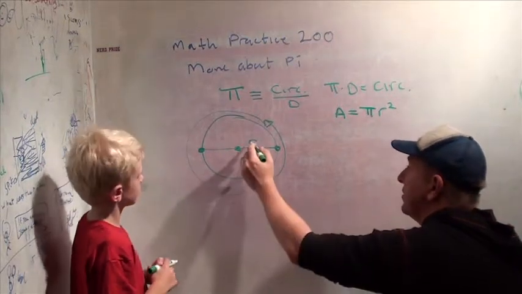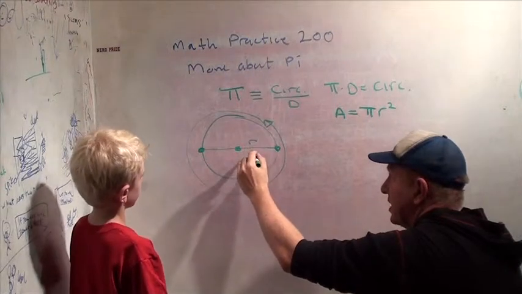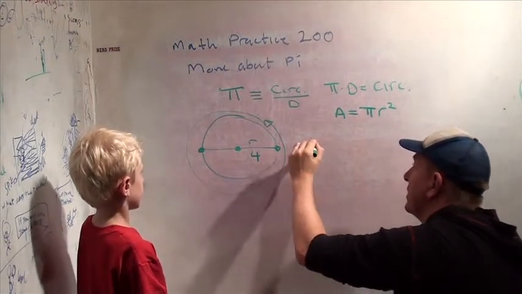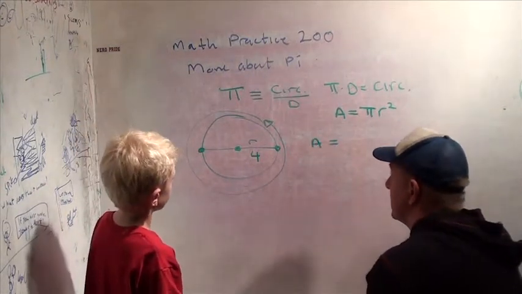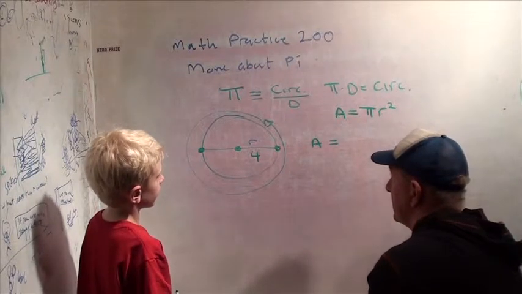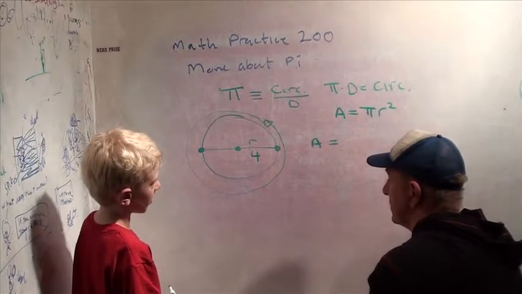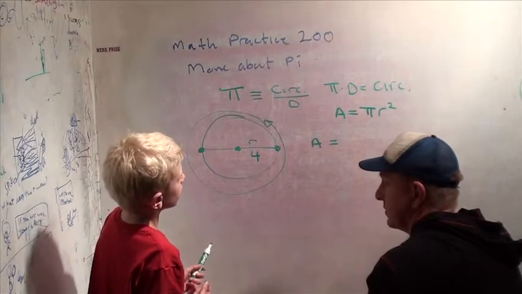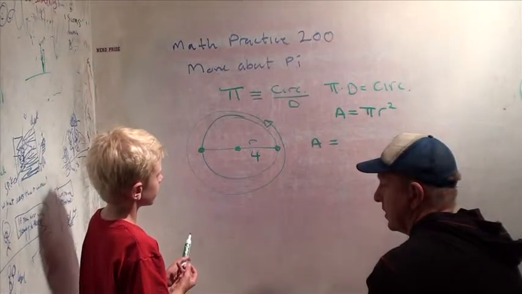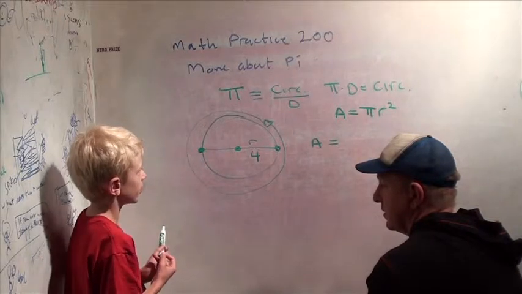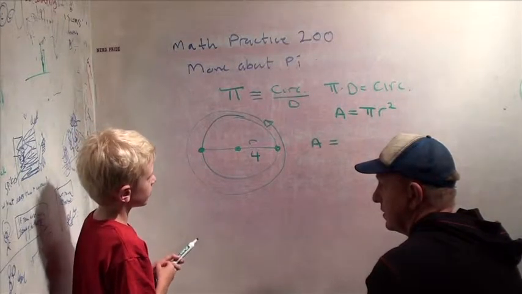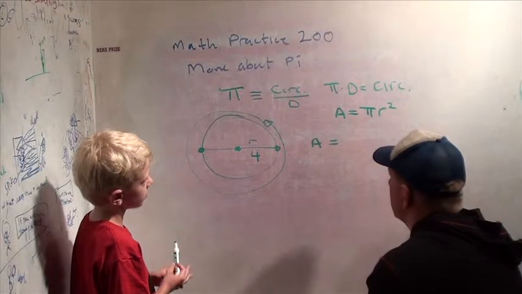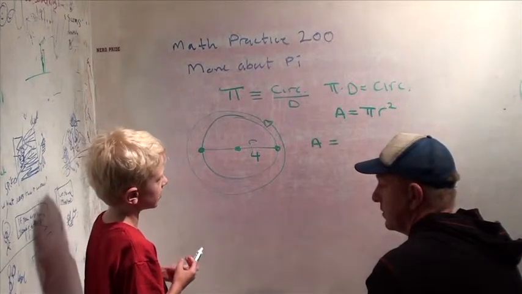So if I have a circle whose radius is 4, what's my area? 4 pi? No. The radius squared. You have to do pi times the diameter.